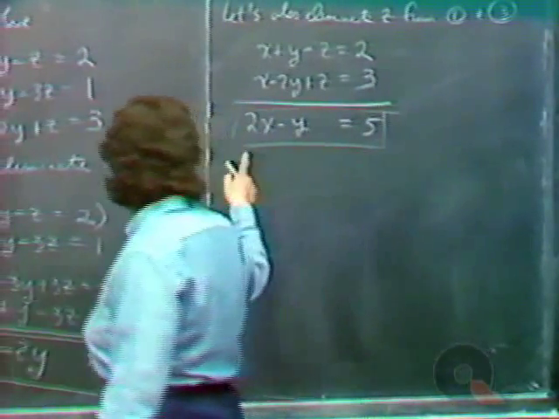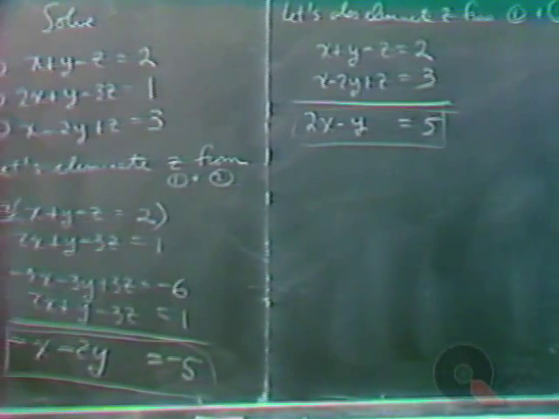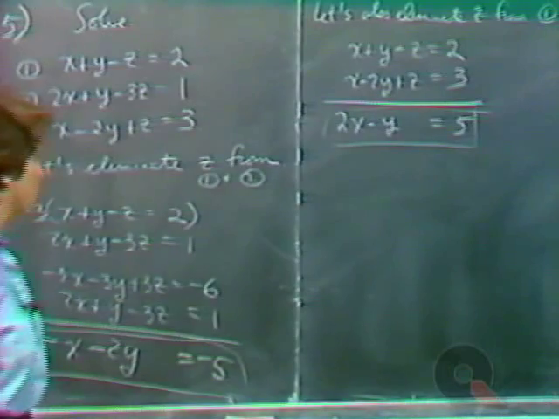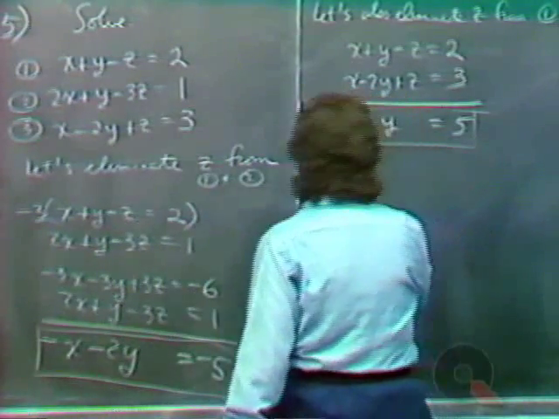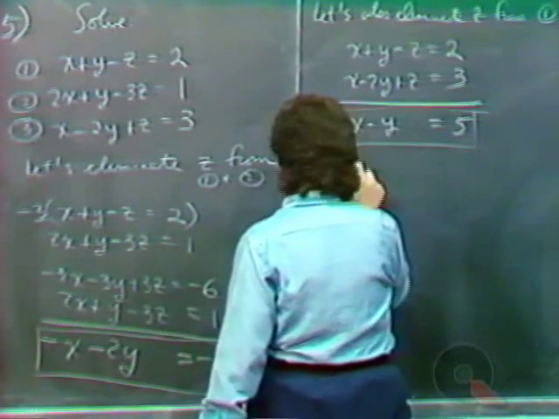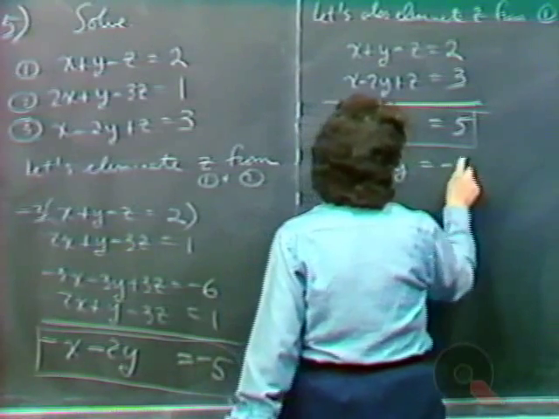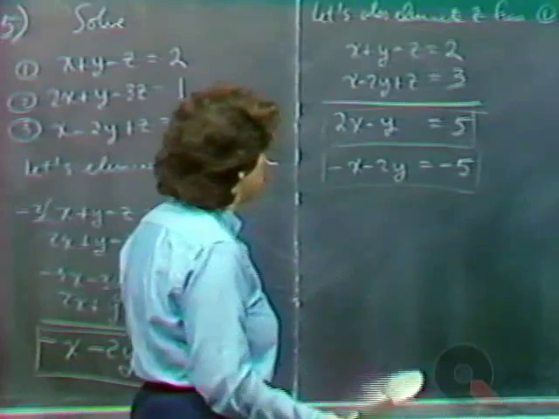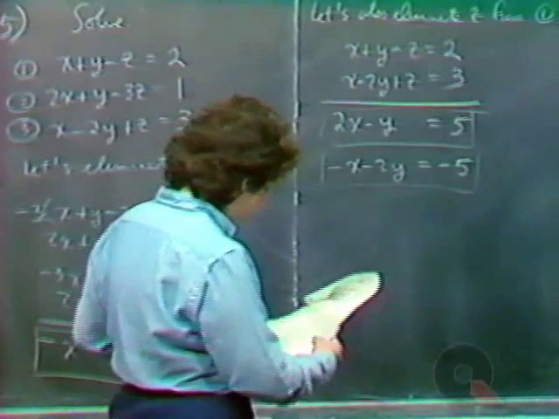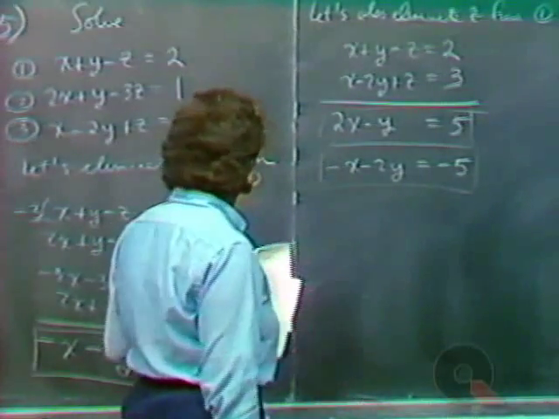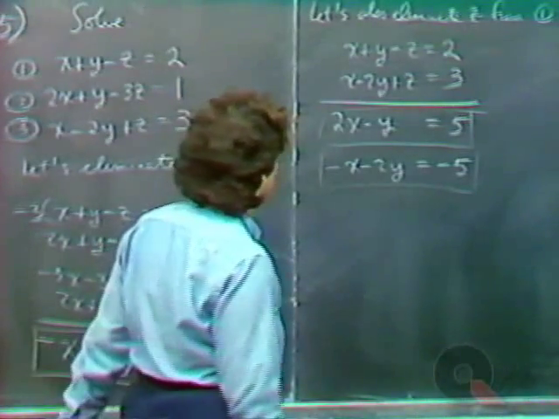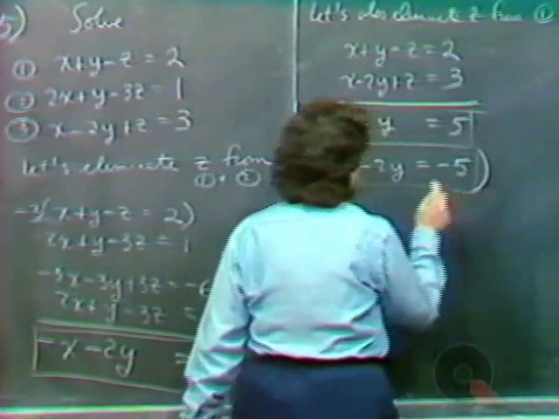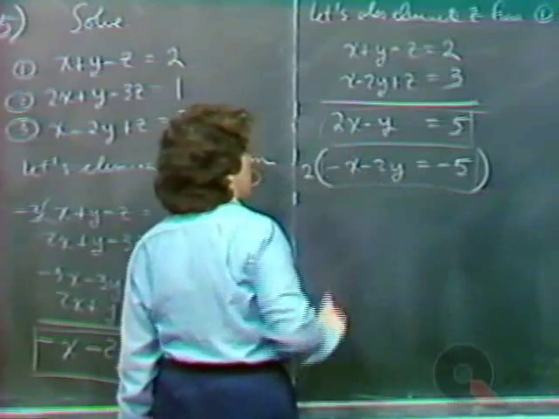So we take these 2 boxed-in equations, and we have 2 equations and 2 unknowns. We have 2x minus y equals 5, and the other one, minus x minus 2y is minus 5. I'm going to take these 2 equations and 2 unknowns and solve. Now I'm going to do this by the elimination method. Let's multiply this equation by 2. Leave alone the first one.